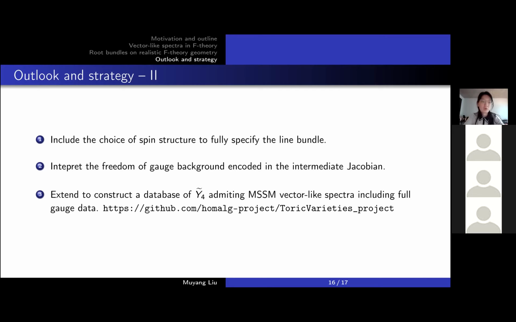And we are planning to construct a database of Y4 tilde admitting exact vector-like spectrum of MSSM, also including the above full gauge background data. And we are planning to add this extended database to our original line bundle cohomologies database working on the simple toric surface.